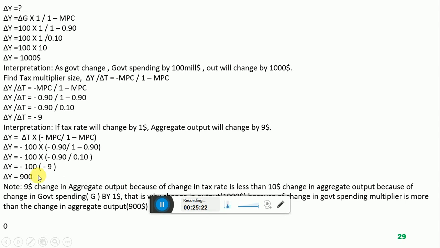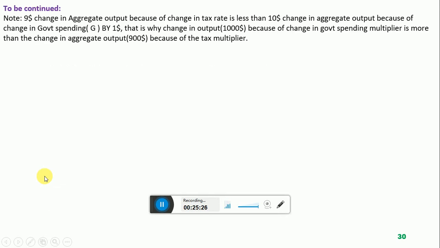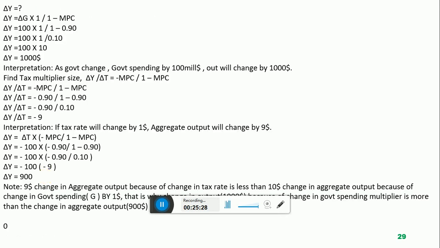What does this mean? This means that if the government of Afghanistan decreases the tax rate by $100 million, aggregate output will increase by $900 million, and this is a multiple of $100 million. 900 is 9 times $100 million.